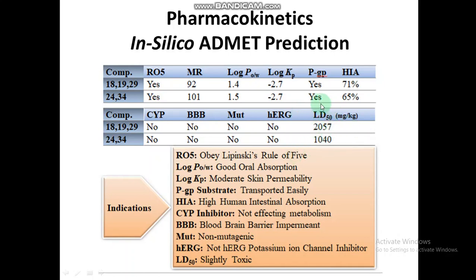On LD50 we will make another video, on the toxicity of the compounds, which is due to mutagenicity, hERG potassium ion channel inhibition, blood-brain barrier, or LD50. All these are the parameters for toxicity values. In this way we get the ADMET profile from different softwares and the drug-like properties of our compounds.